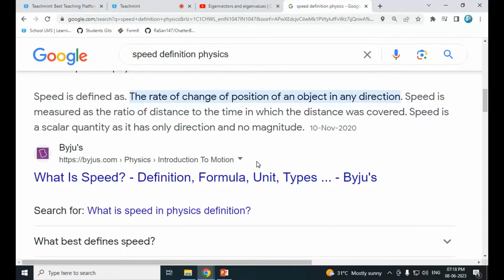Velocity is also a vector. Velocity, vector. Okay. Next, density. Density is scalar. Speed is scalar. Volume is scalar. Area. Time.